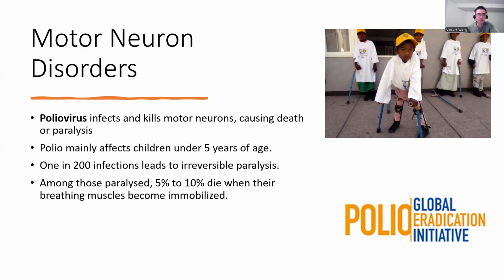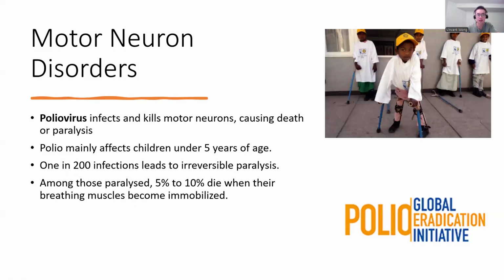Polio is preventable with vaccines, and you guys probably know who Bill Gates is, right? So he and his ex-wife Melinda Gates, they have a foundation called the Melinda Gates Foundation, and one of their goals is to help eradicate polio through vaccinations.